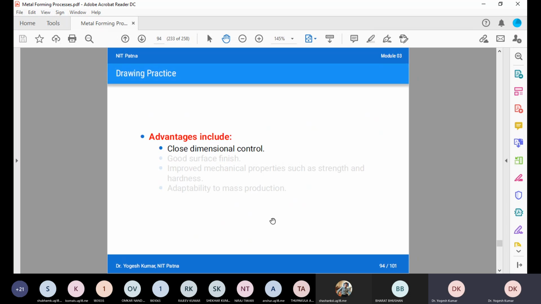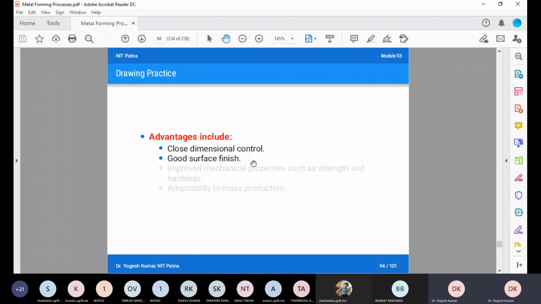Okay, so there are certain advantages, obviously, of the drawing process. The advantages are accurate dimensional control, which is possible in the case of the drawing process. Good surface finish is produced.